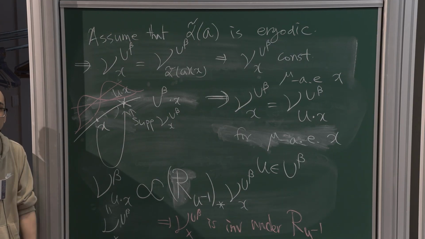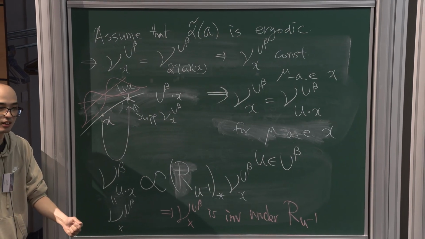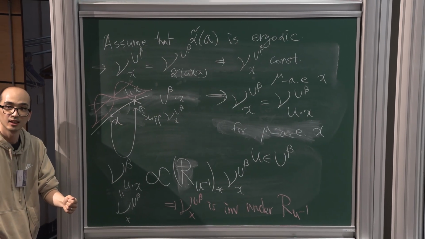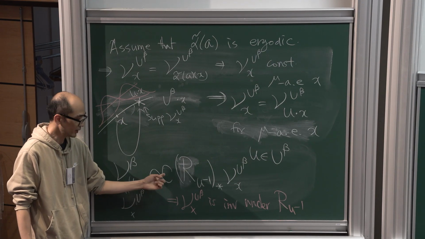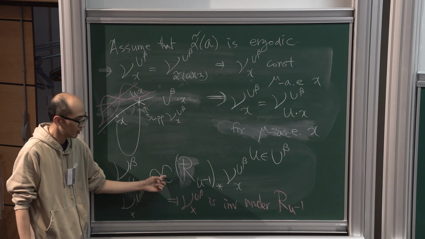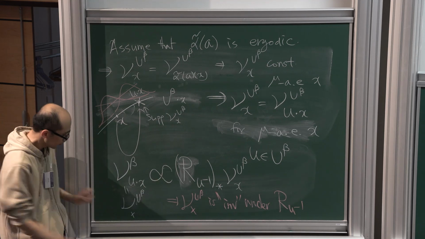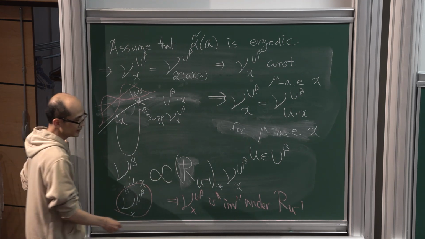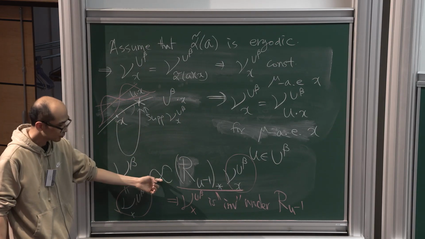The Haar measure is invariant under all translations, right? And now we are almost there, because up to proportionality, we have that. Invariant up to proportionality: your nu of x u beta is the same after translation, but up to proportionality.